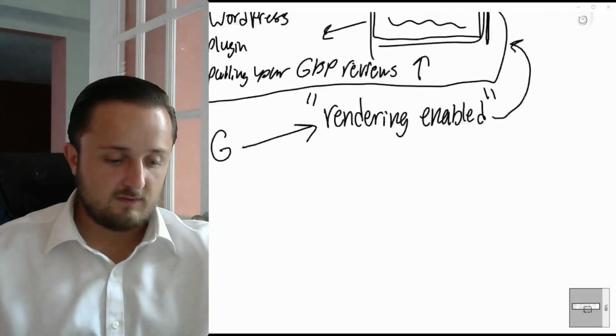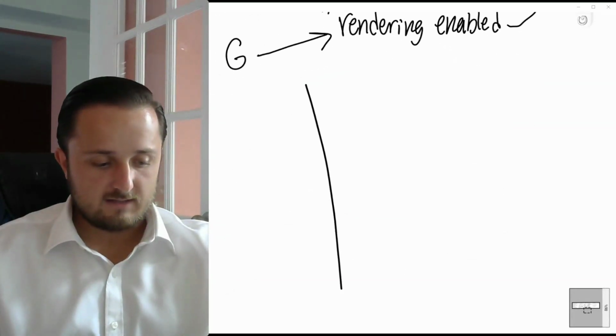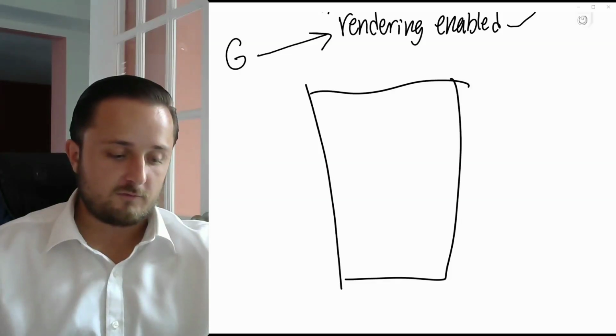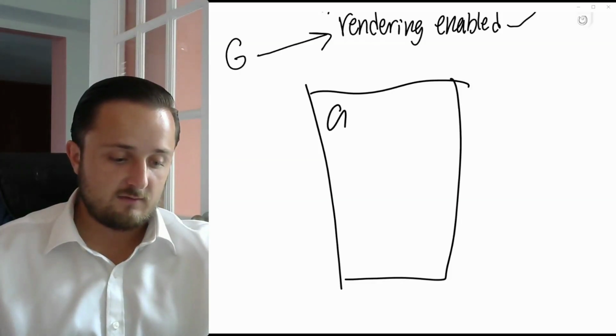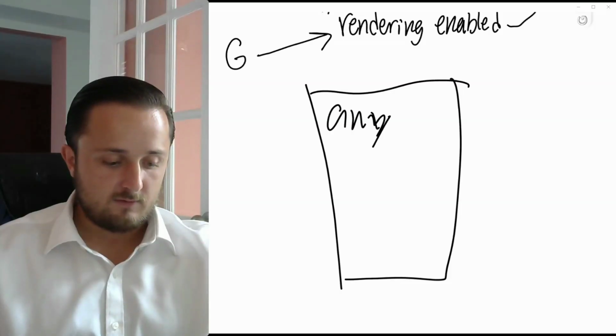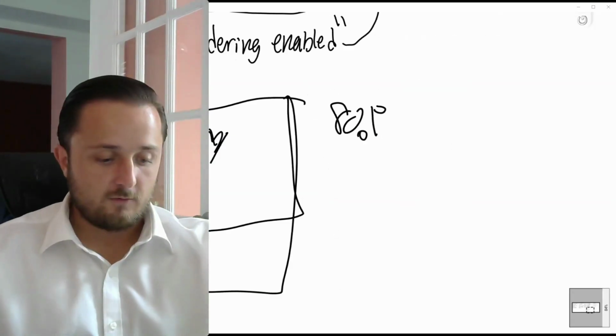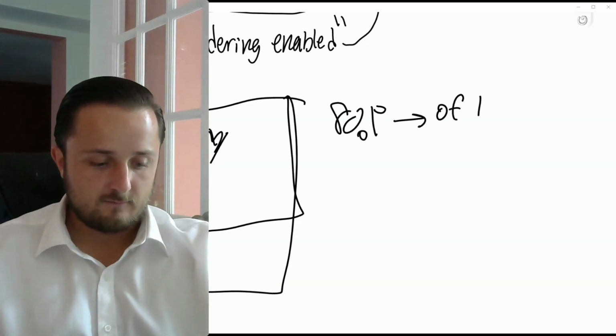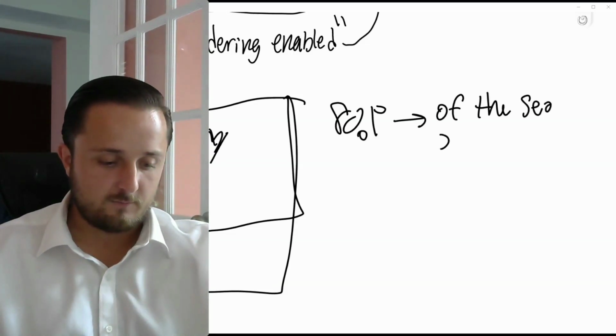So at times, depending on how much JavaScript is used, the majority of the time Google's not seeing any of it, or in the WordPress example, it's seeing maybe 80%. You're only getting accounted for 80% of the SEO on your page.